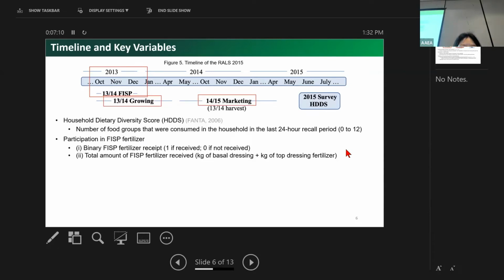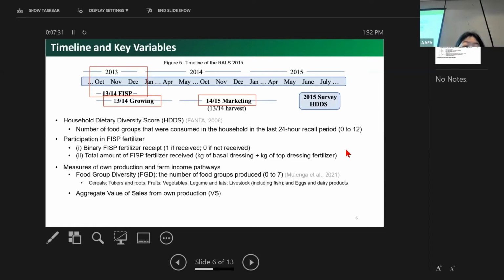So we were interested in understanding the underlying channels. So we are going to see the effect of FISP on the own production diversification decisions in the growing season, and also the effect of FISP on the sales and farm income activities in the marketing season, and eventually the effect of FISP on household dietary diversity.